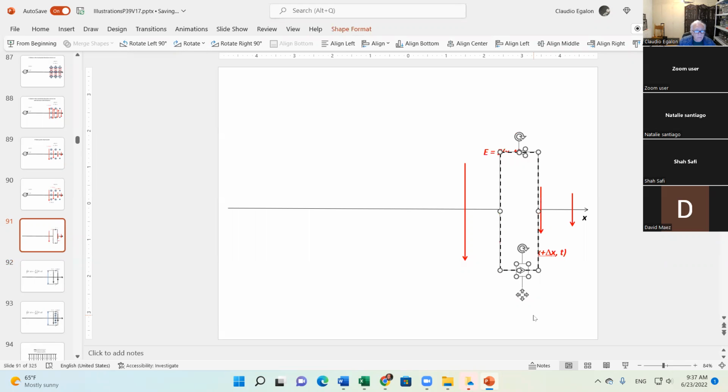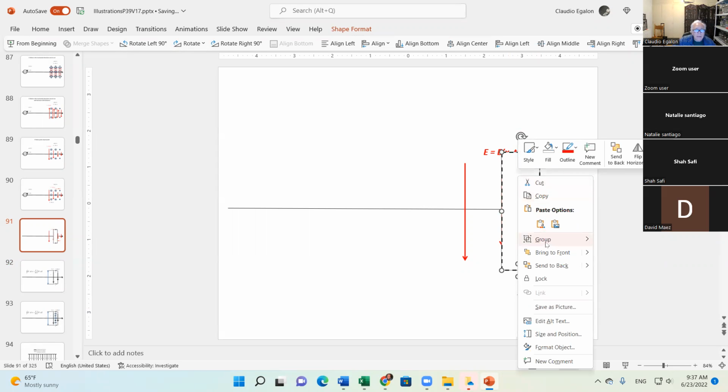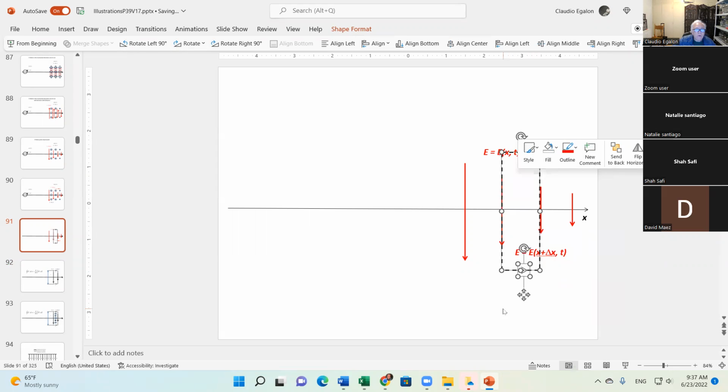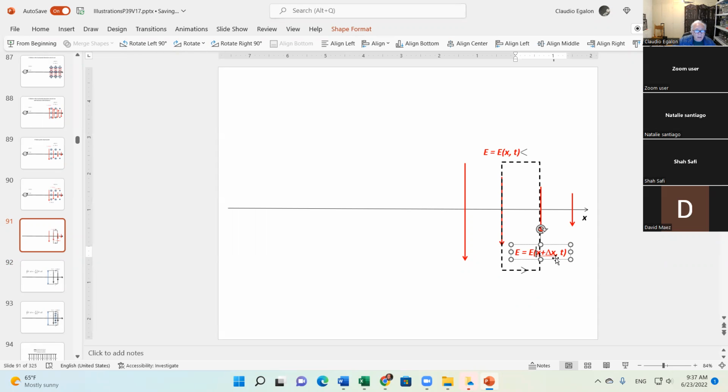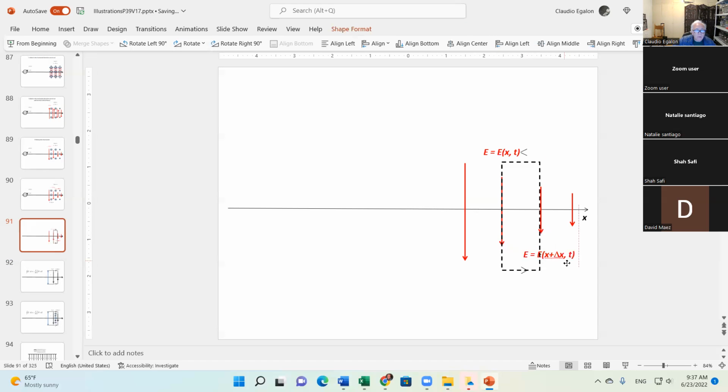Here's a loop. And I want this loop to be transparent so we can see what is going on there. No fill. I'm going to shrink it a little bit too, so it's not overlapping with my electric field. Like that. I'm not going to choose the direction of the path yet.